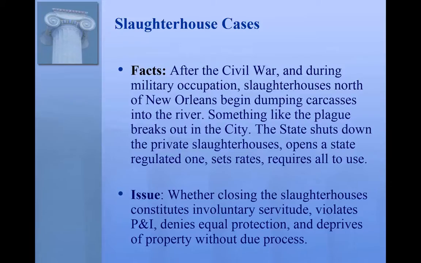I mean, they kitchen-sinked it. They threw every clause of the 14th Amendment and the 13th Amendment in to try and win this case against the state, get their property back. They still own their property. They just couldn't use it for its intended purpose. They were basically put out of business. They could not practice their calling, their livelihood.